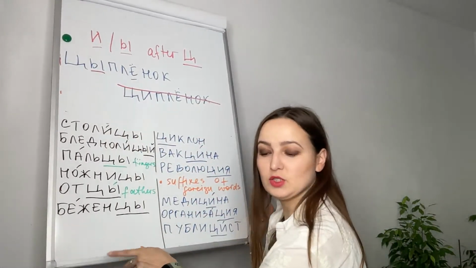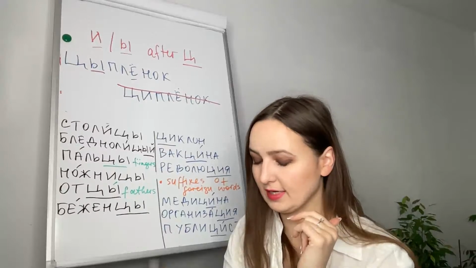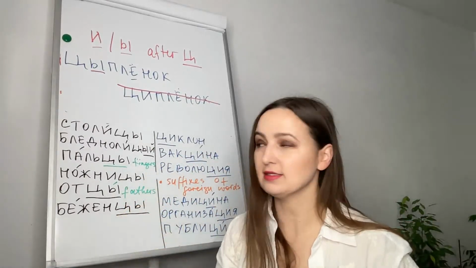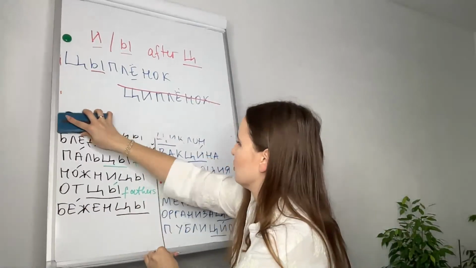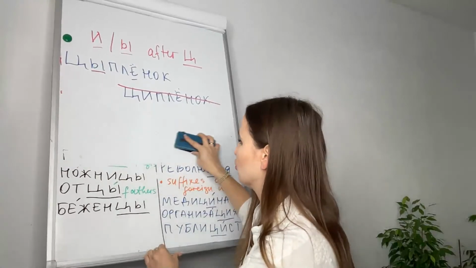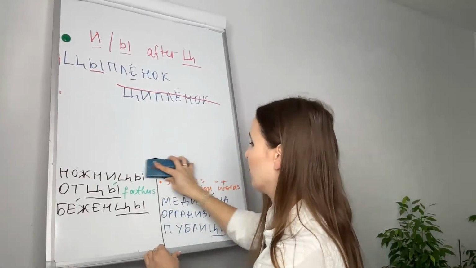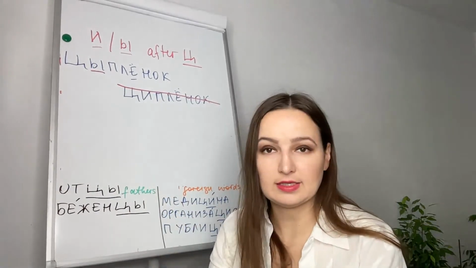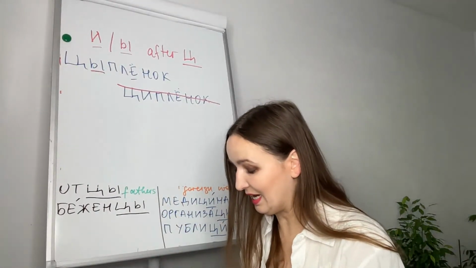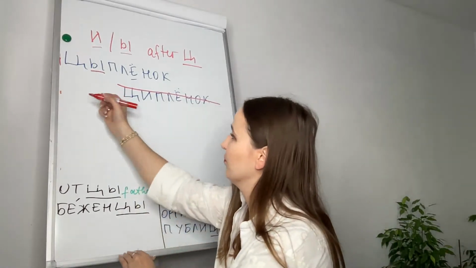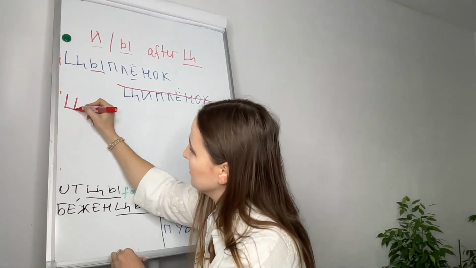To memorize this word and a few other words that are exceptions, we have a short sentence in the Russian language that we learned at school, in order to memorize which words we write with Ы. And the sentence is «Цыган на цыпочках подошел к цыпленку». Давайте напишем цыган.